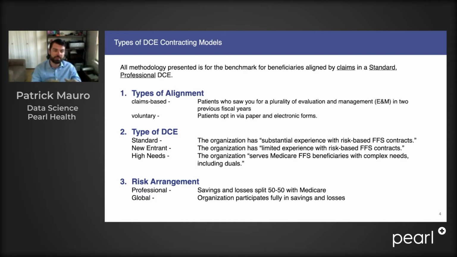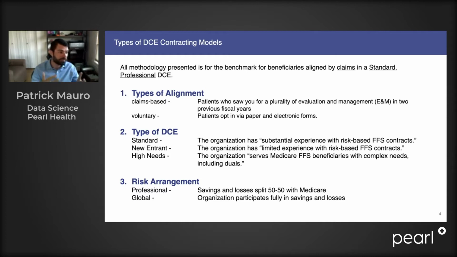There are also 3 types of DCEs. There are standard DCEs, new entrant DCEs, and high needs DCEs. The definitions are here. The easiest way to think about this are standard DCEs are providers or physician groups that have had experience with other risk-based fee-for-service contracts.